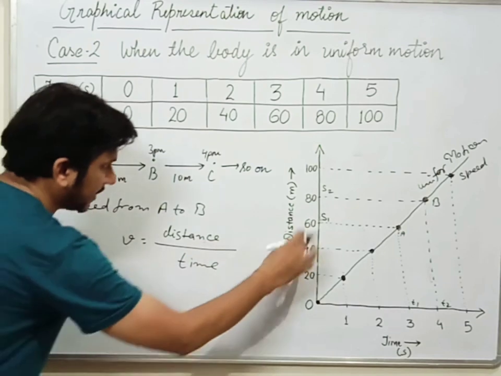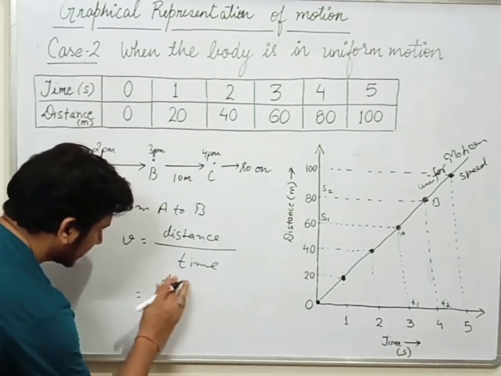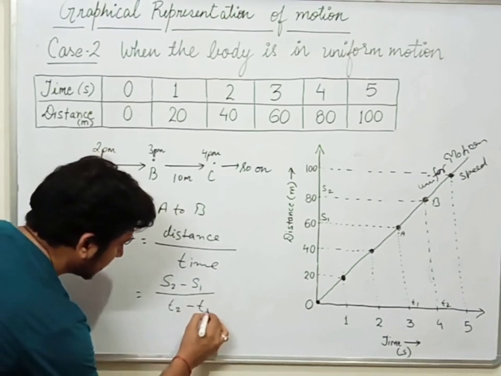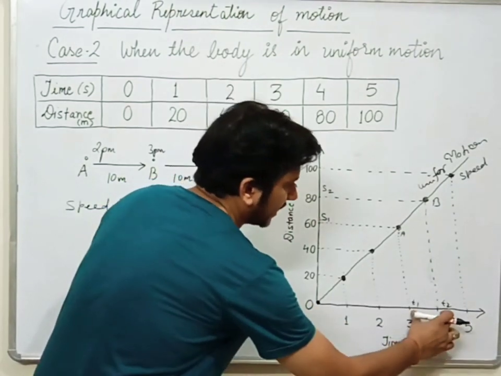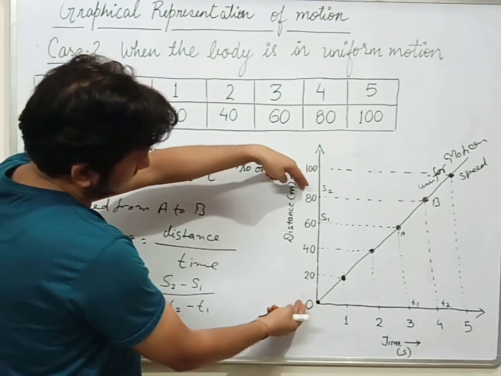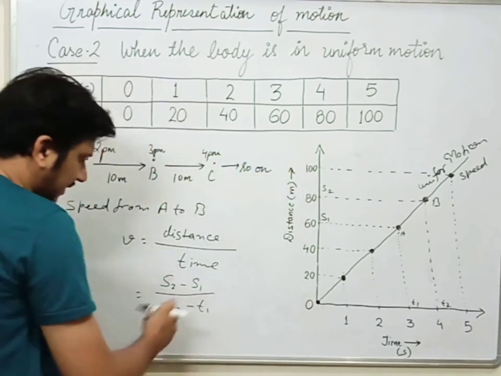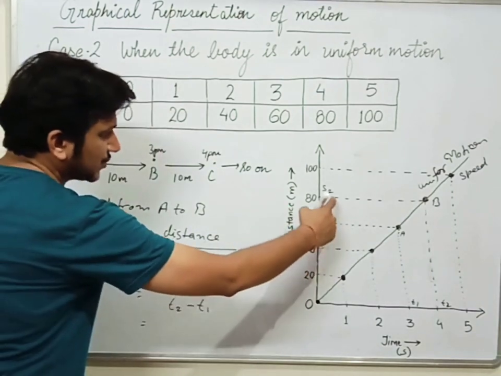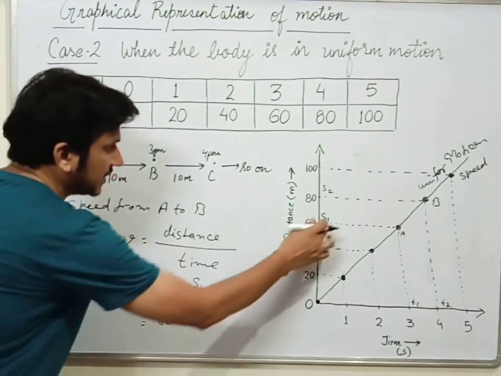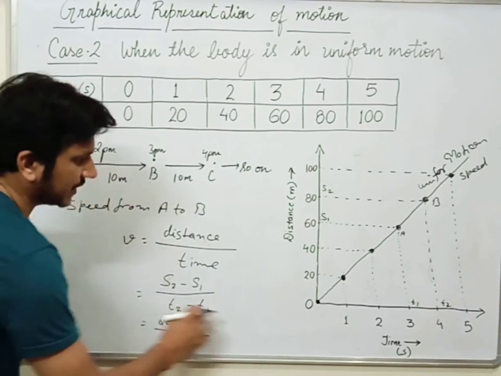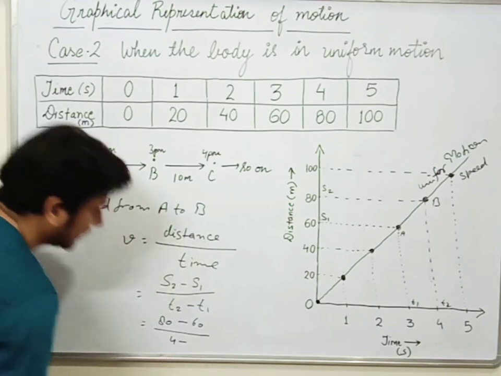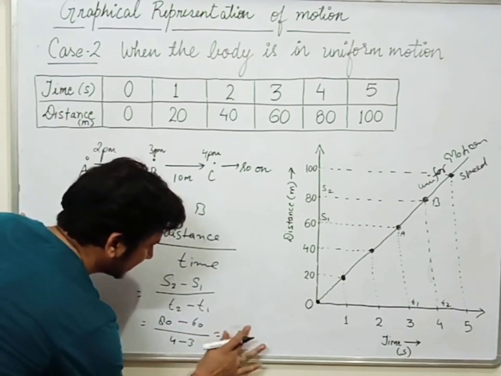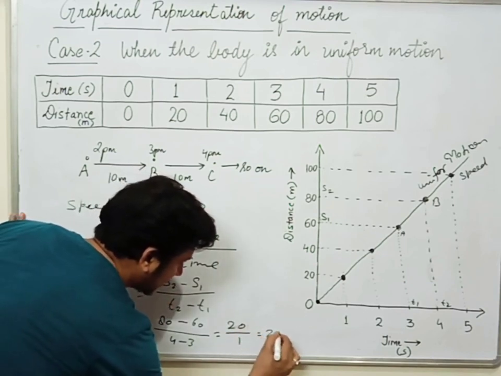So the speed is s2 minus s1 divided by t2 minus t1. s2 minus s1 gives the total distance covered between A and B. So s2 is 80 meters and s1 is 60 meters, divided by t2, 4 seconds, minus t1, 3 seconds, equals 20 divided by 1, equals 20 meters per second.